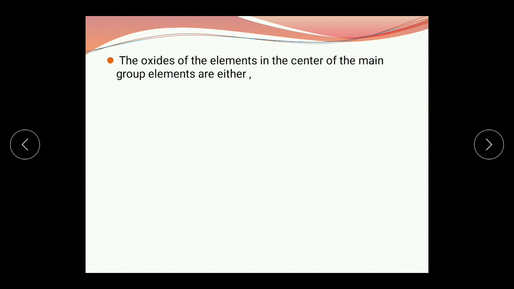Now, the elements in the center of the main group elements can also form oxides with oxygen. For example, aluminium, which is in the 13th group, forms an oxide which is amphoteric in nature. Do you know what is amphoteric? Amphoteric means that the oxide can be acidic as well as basic.